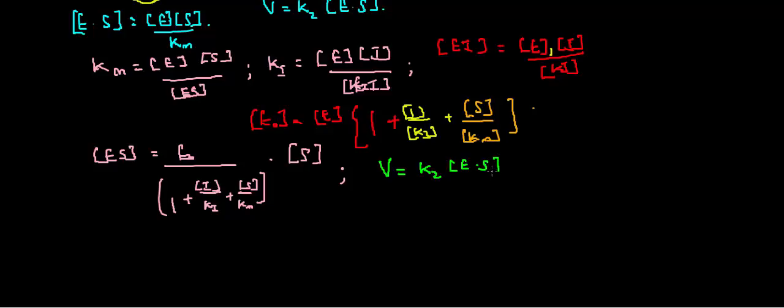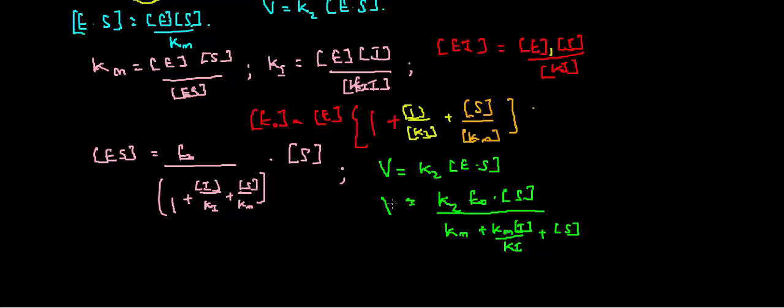I told you we've established this earlier, so V can be equal to K2 E naught dot S over, now if I multiply through by Km, this denominator here, I'll be having Km plus Km I over Ki plus S. It's nothing complex. We are still doing the same thing. All I'm doing is just factorizing, finding the LCM, factorizing, multiplying through by. That's the major thing that's changing.